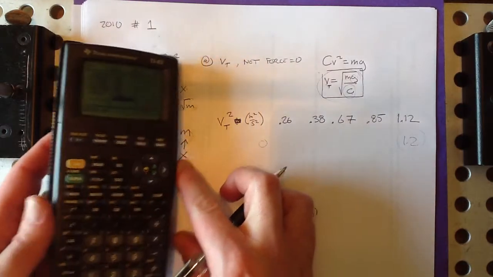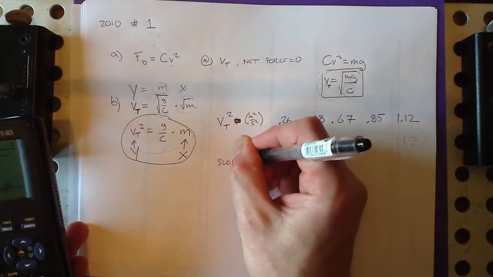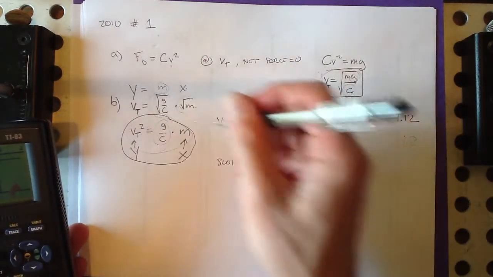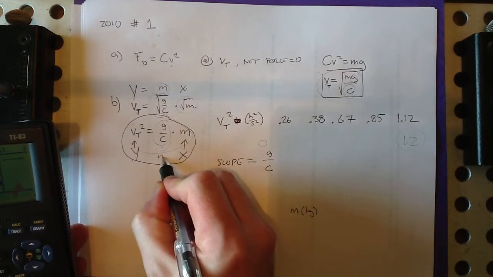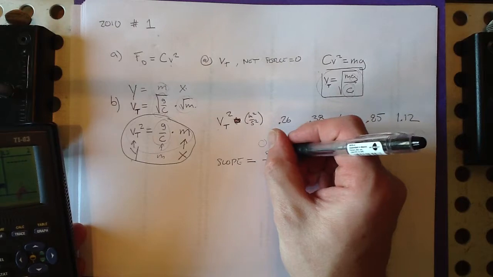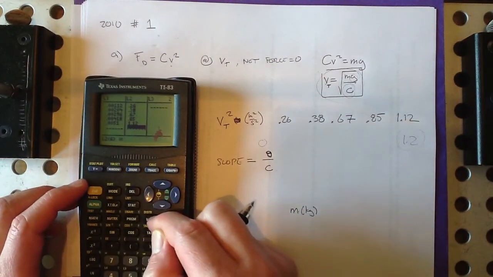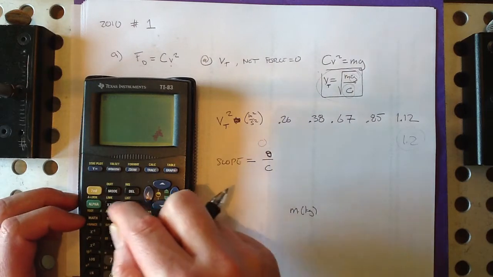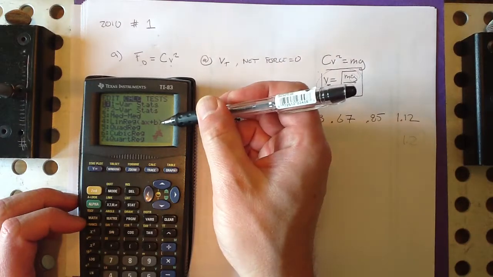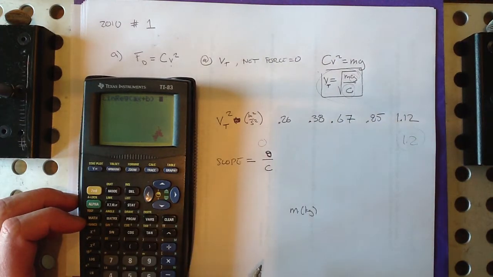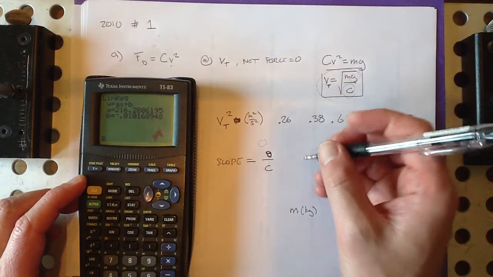So if we have graphed this, then my slope is equal to g over c, right? Because y equals mx. So that's how we do that. So I'm going to quit out of there, stat, calculate. I want linear regression, number 4. That'll automatically do L1 and L2. That's the default. And it gives me a slope.